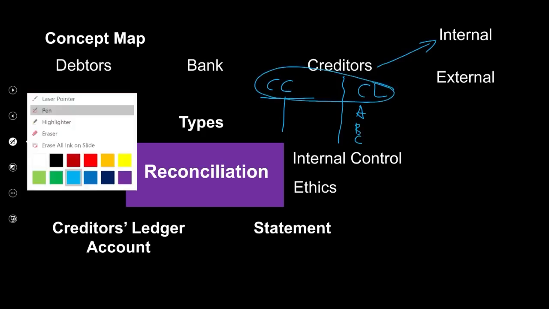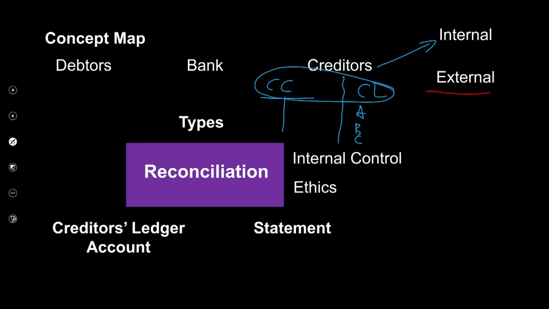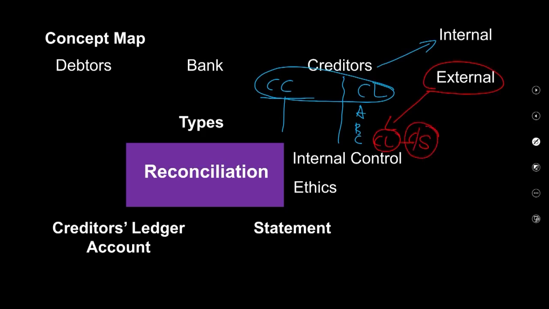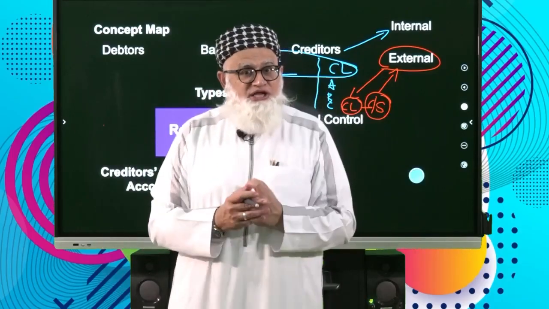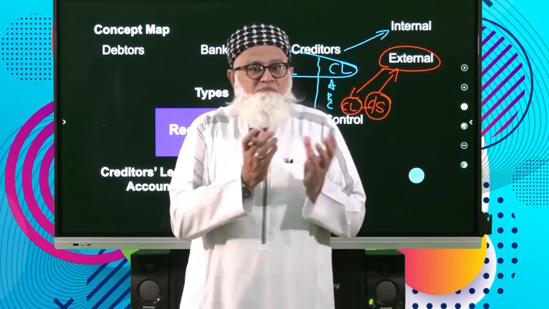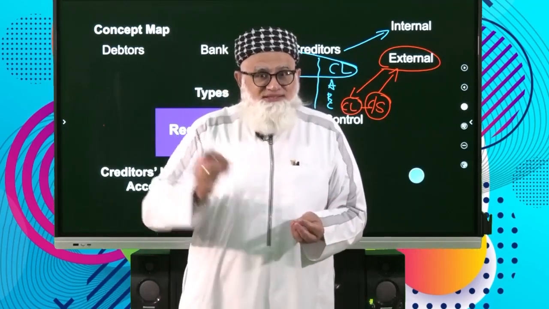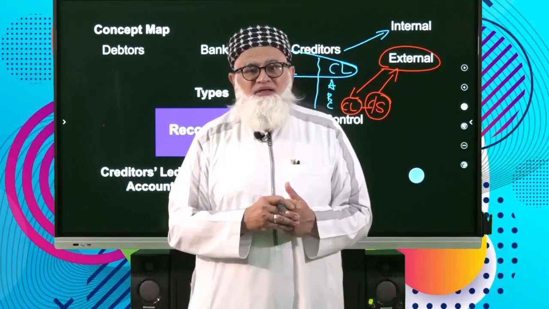Then you get the external one. What are you reconciling here? Your creditors ledger account with the creditors statement that you are receiving. So this clearly indicates that if we're looking at our reconciliation process, this is the external one. What do we mean by the external one? We're reconciling the creditors ledger, where we have an account for a particular creditor, with the statement that we are receiving from that creditor.